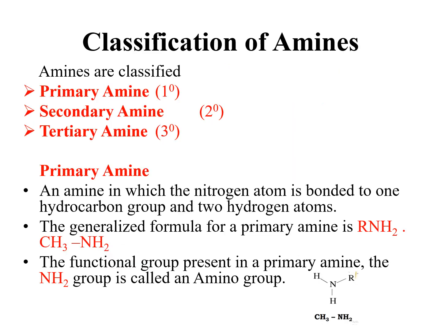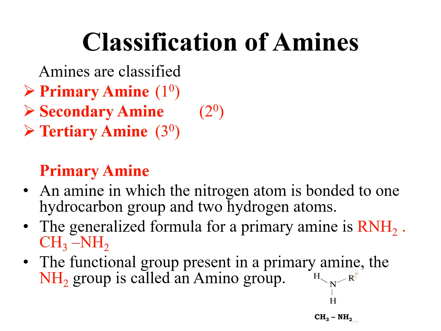As far as the classification of amines is concerned, amines are usually classified into 3 classes: primary, secondary, and tertiary amines. This classification is based on how many hydrocarbon groups are bonded to the ammonia nitrogen atom.